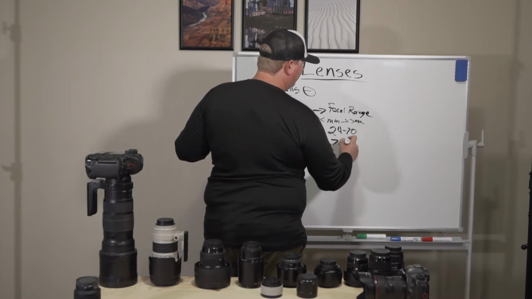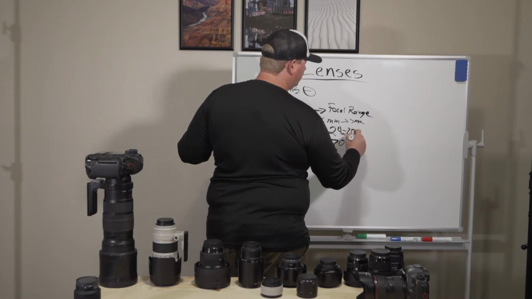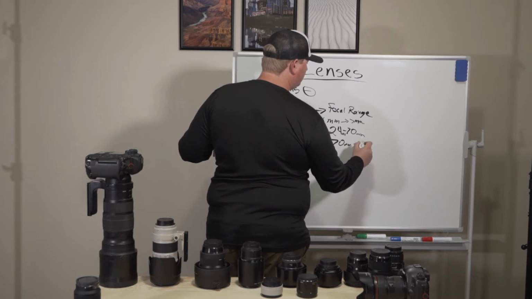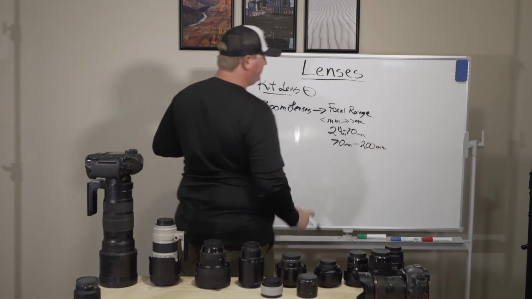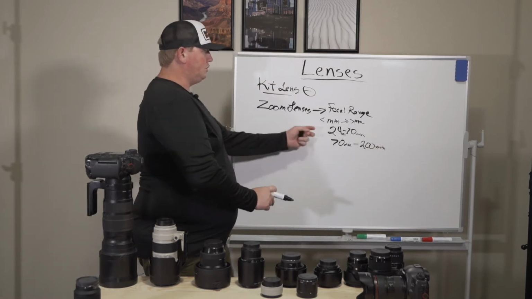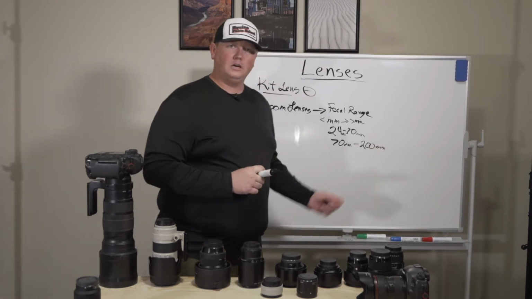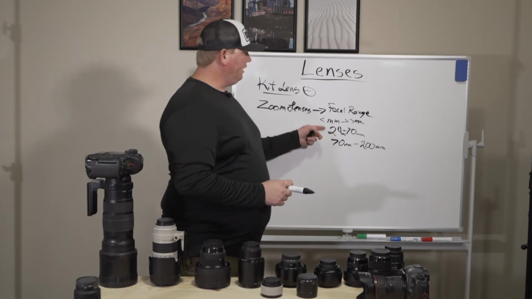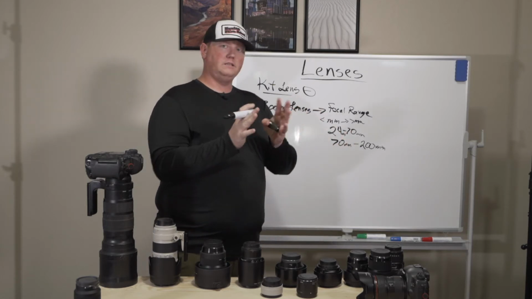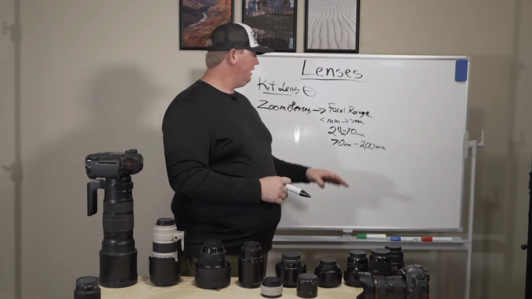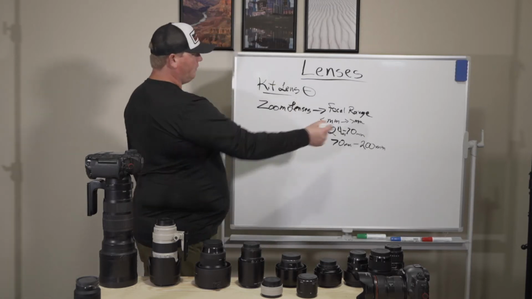You have a 70 to 200, these are millimeters. And these can be used to describe one aspect of your lens. This tells us that it'll zoom from a fairly wide shot to a fairly telephoto shot. We're going to get into that in a little bit here too, and what that means.